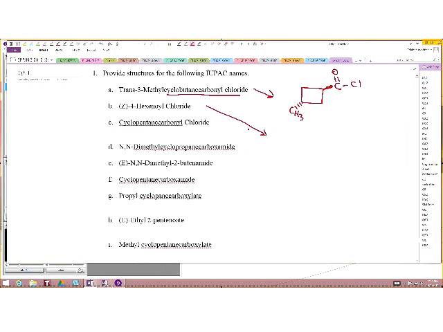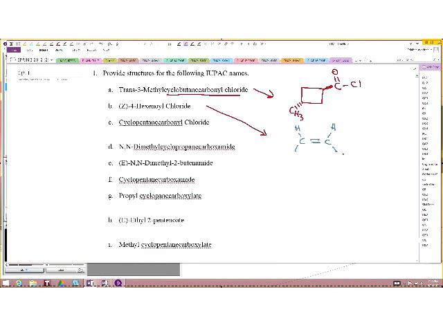Z-4-hexenoyl chloride. The base name contains 6 carbon atoms, and therefore hexen means you have a double bond somewhere in the 4th position. So let us say we have this Z carbon-carbon double bond. Z means that the hydrogens are on the same side of the double bond, right?